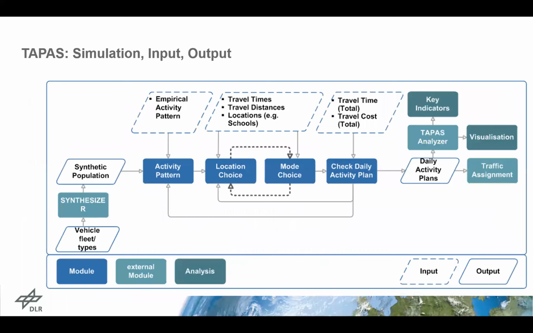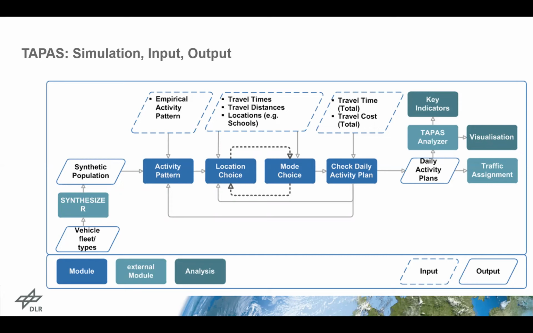So the second flow chart is about how TAPAS works. This is a zoom into the TAPAS bubble of the first flow chart. On the left-hand side there's a synthesizer producing a synthetic population, and for every person in this population we choose an activity pattern.